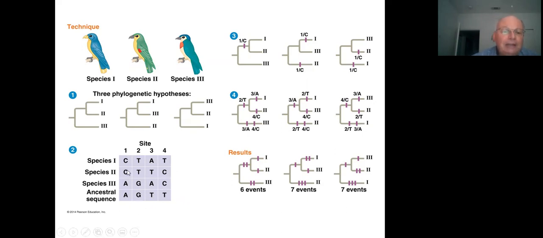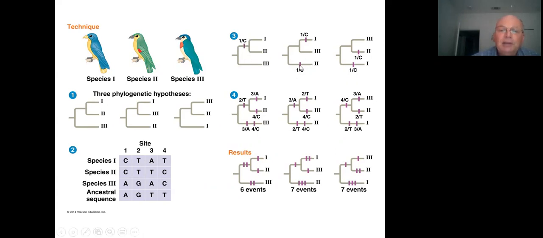If we look only at site 1, what we find is that the ancestral species and species 3 share a common nucleotide. So when we do that, we put the change not on the branch leading to 3, but on the branch leading to 1 and 2. So in the case of this phylogenetic tree, we put that change right there. It's a change from an A to a C.